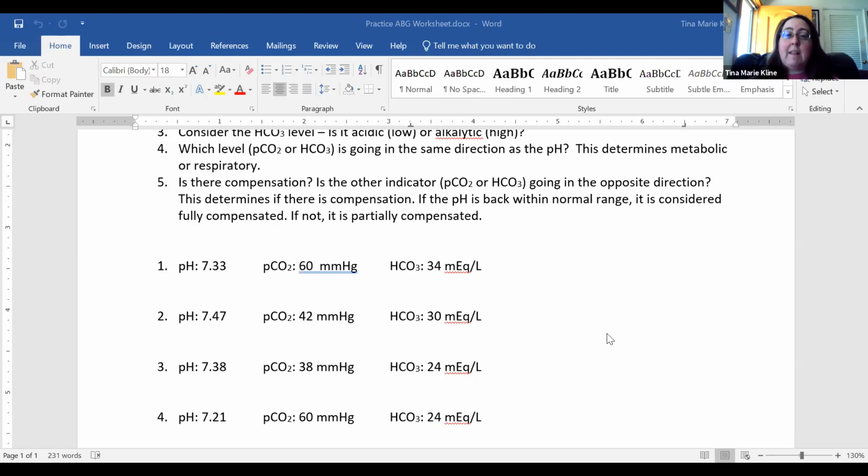That tells me that this is a metabolic alkalosis. Because the PCO2 is normal, there is no compensation going on at this point. So it's uncompensated metabolic alkalosis. Number 3, I'm going to skip over because all of the values are normal, so that is a normal ABG.